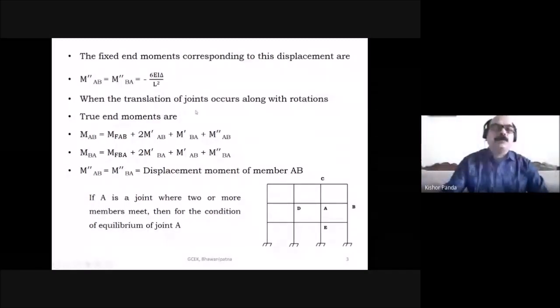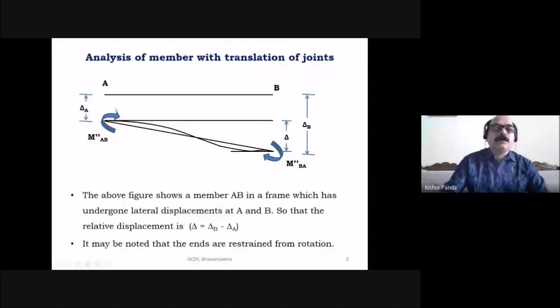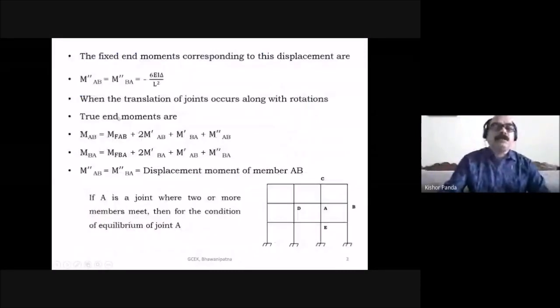When the translation of joints occurs along with rotation, what is the moment at the end of the member? What are the two end moments? MAB is equal to MFAB plus 2M dash AB plus M dash BA plus M double dash AB.